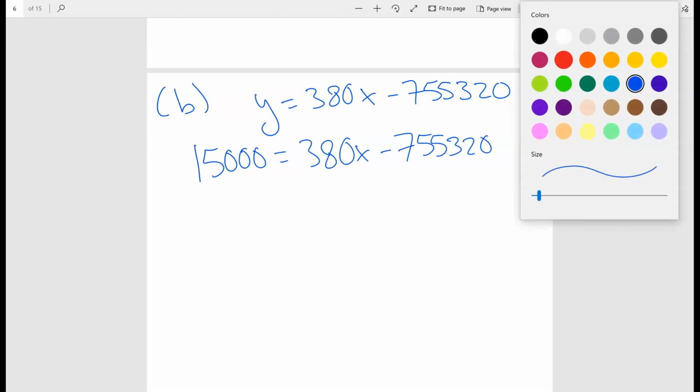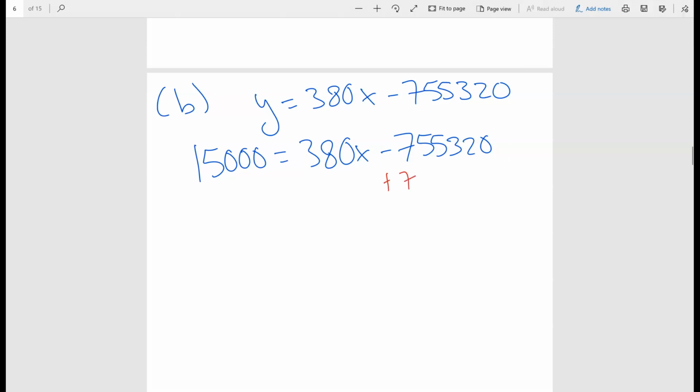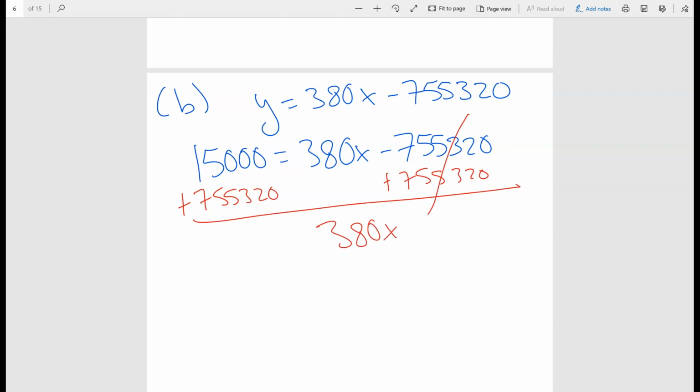So now I'm going to add this over. The 755,320 goes away on the right, so I have 380x is equal to 15,000 plus 755,320. That's going to give me 770,320. And then I'm going to divide by 380.